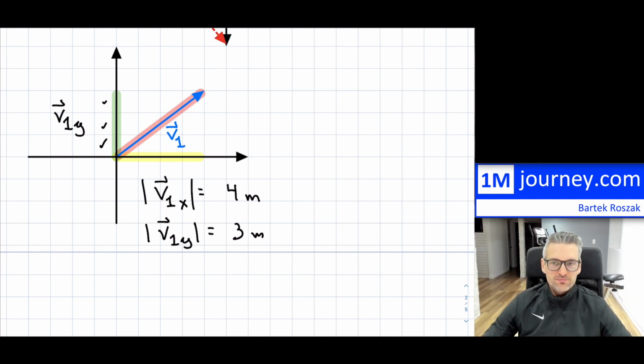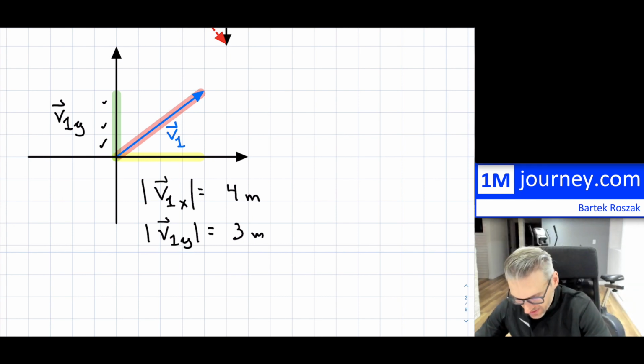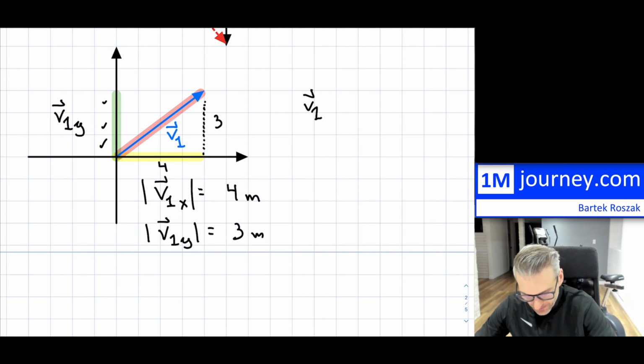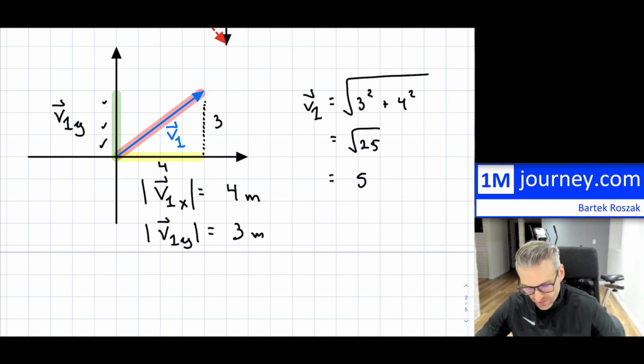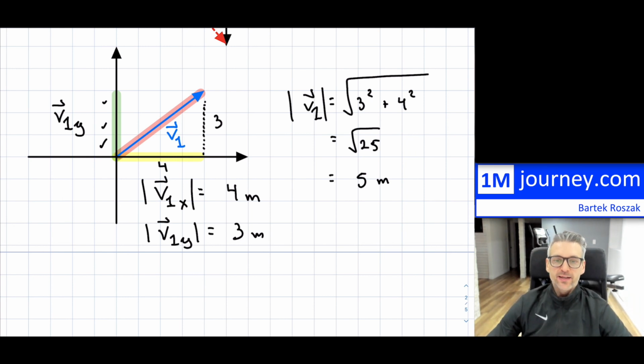This creates an actual triangle for us. So we know this is 3, this is 4, and my V1 in terms of its length would be simply 3 squared plus 4 squared, take the square root of that. And of course, it shouldn't surprise you, because I made it equal to 5 from the beginning. But that is the actual magnitude of that V1 vector.